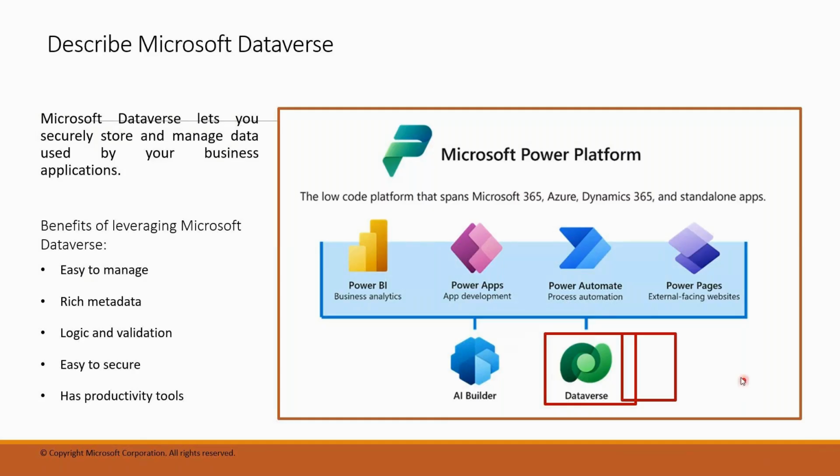Yes, sir. Okay, so this is easy to manage, and this is rich in metadata. What is meant by rich in metadata? For example, in SQL databases we have table structure and column structure, where we store the data in the columns of a table. In a similar way, we establish tables and columns, and we can also establish a relationship between one table and another.